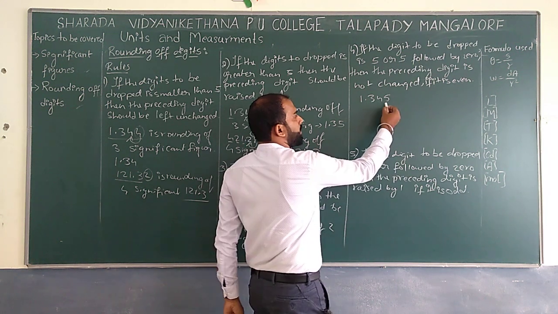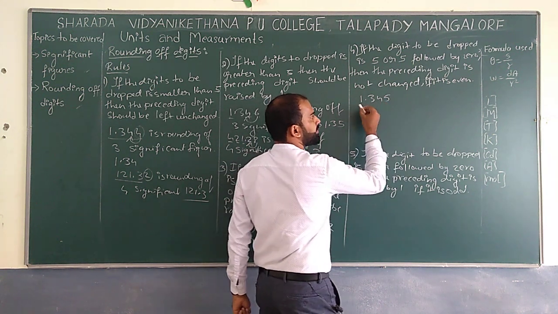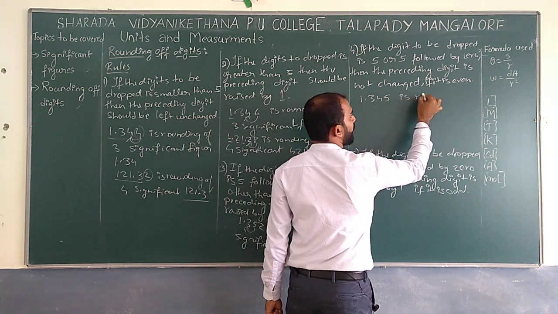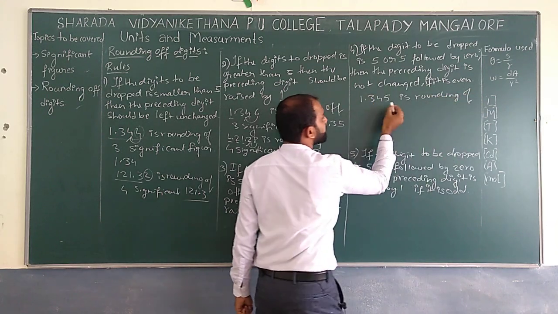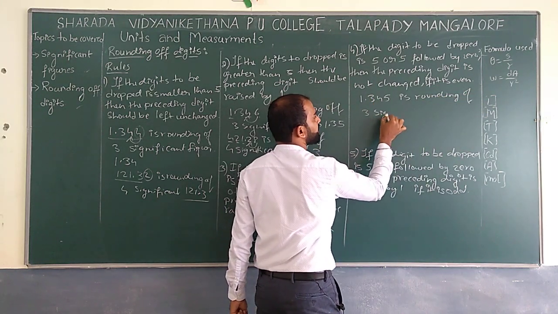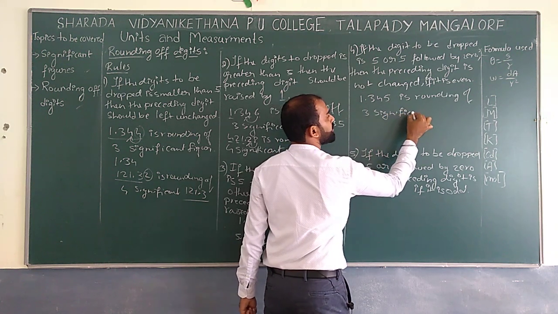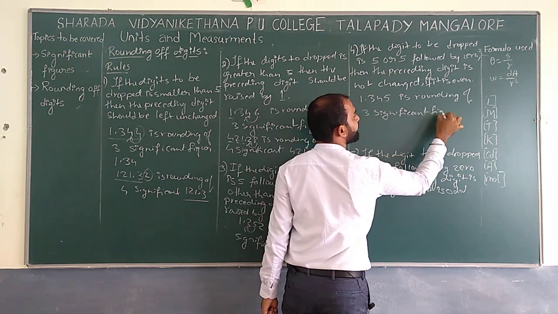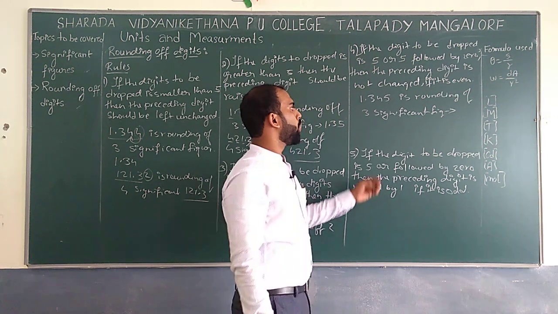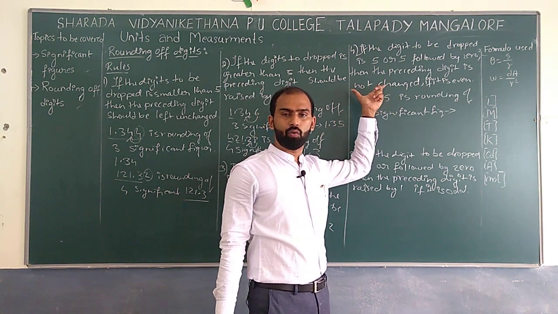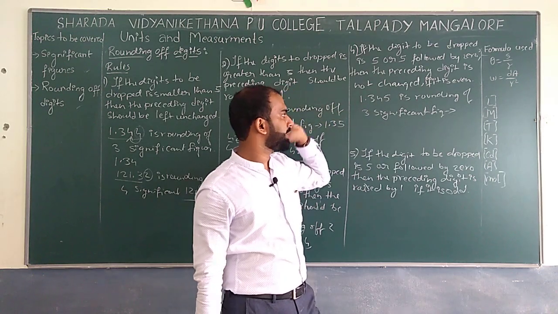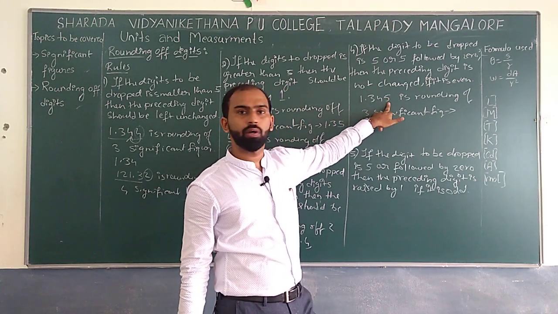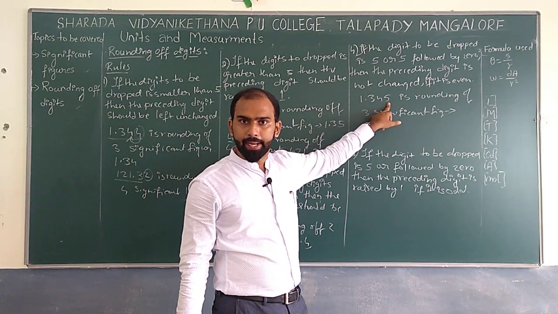For example, this number, rounding off to 3 significant figures. How many significant figures are there over here? 4 significant figures are there, but I need only 3. The number which you are going to drop is 5. Correct?